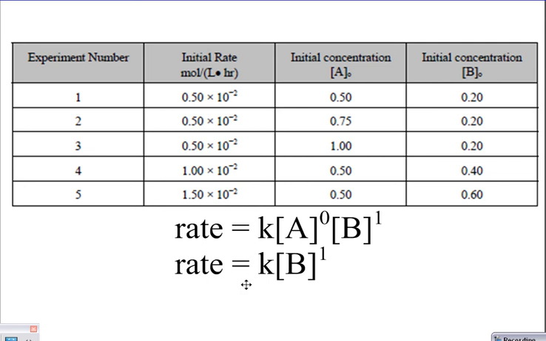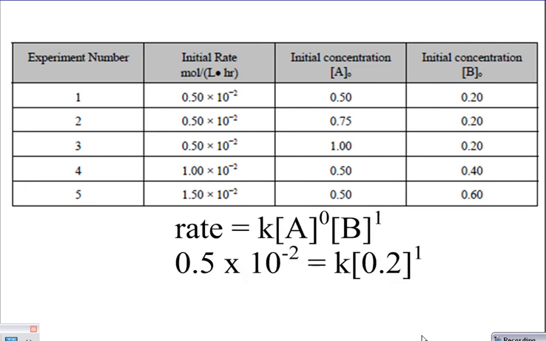We can plug in values from any one of the trials into this equation to solve for K. So let's plug in from trial 2. 0.5 times 10 to the negative 2 equals some value times 0.2 to the first. Divide by 0.2 on both sides. You find that K equals 0.025.